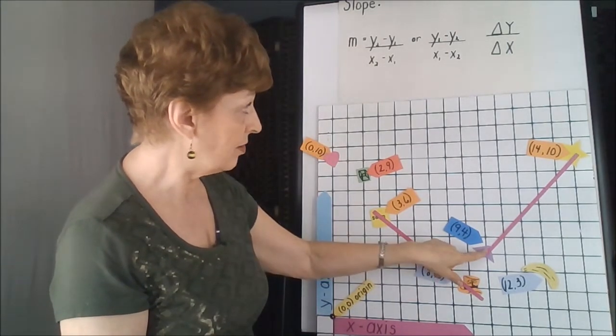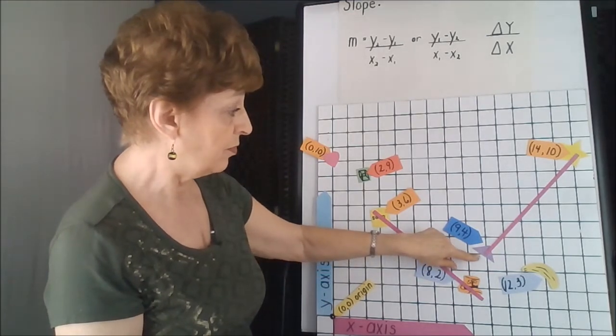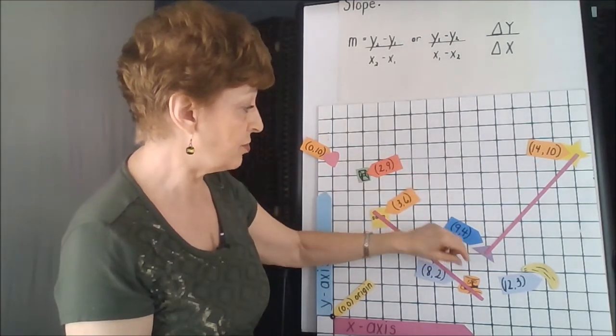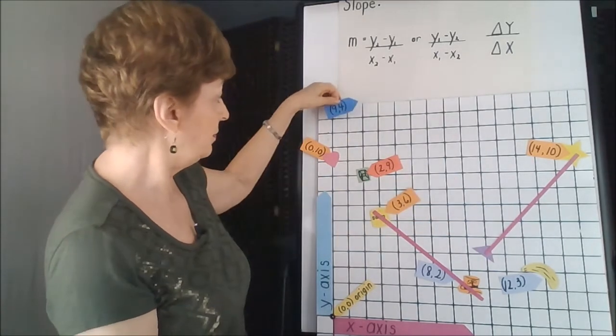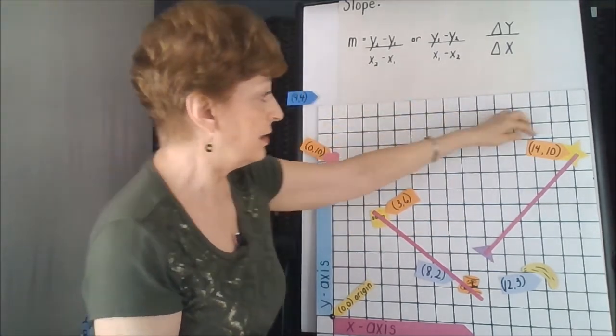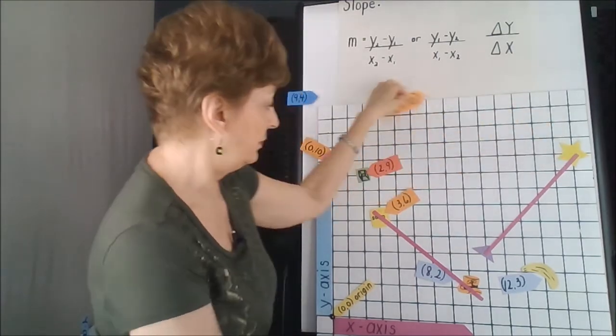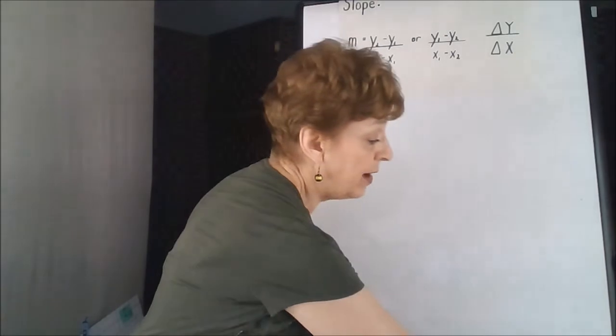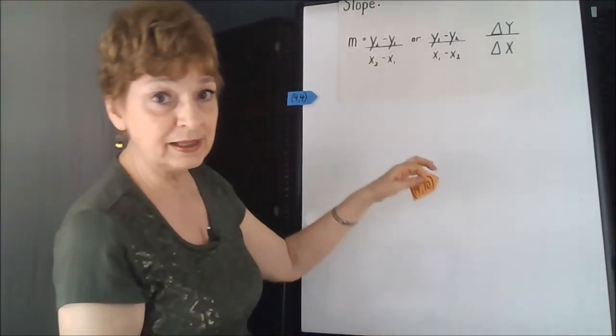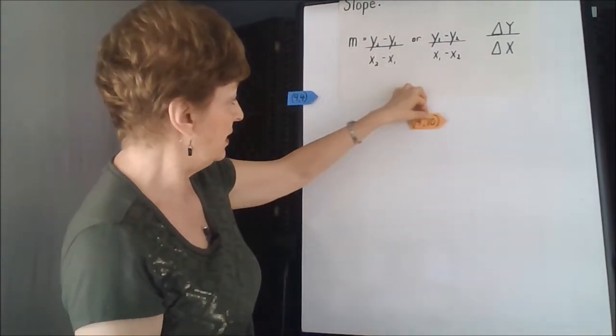So let's take our ordered pairs and take our line from the star to the triangle. Our ordered pairs are 9, 4 and 14, 10. So any two points on the graph will give us the ability to work this formula.